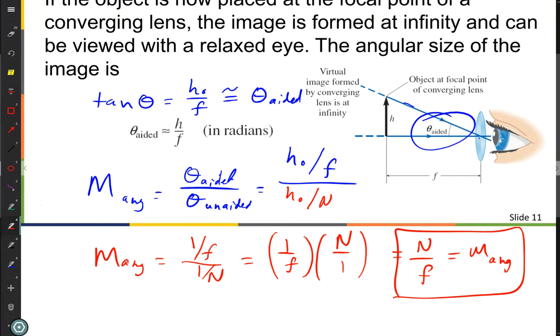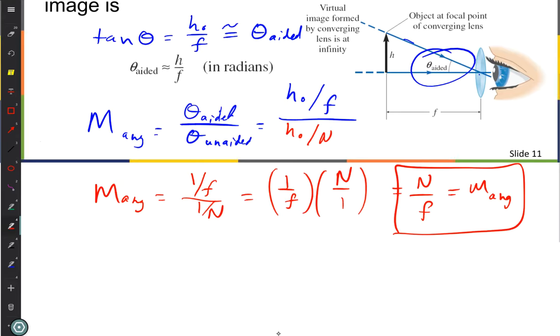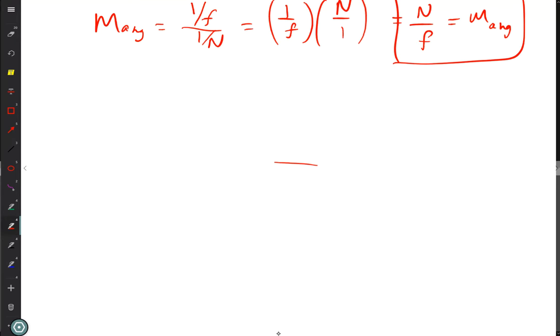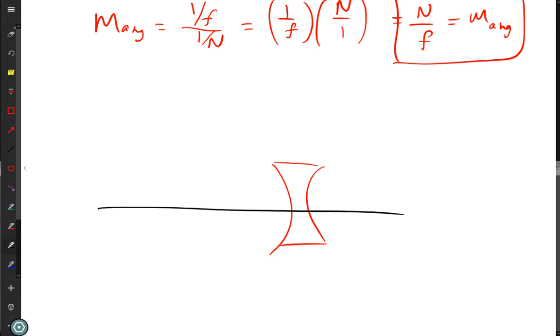What kind of lens was this? Was it converging or diverging? Converging. What would have happened if I changed it to a diverging lens? If I had it diverging, I put the object here, and my vertex ray goes like that still.